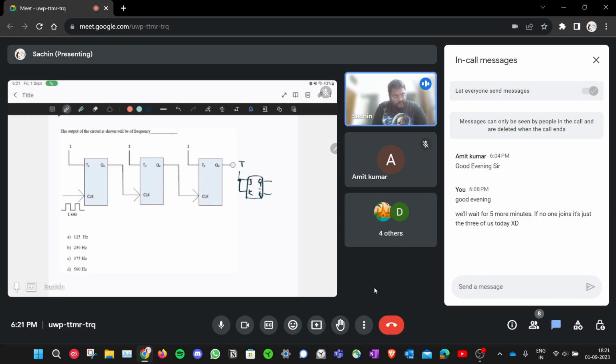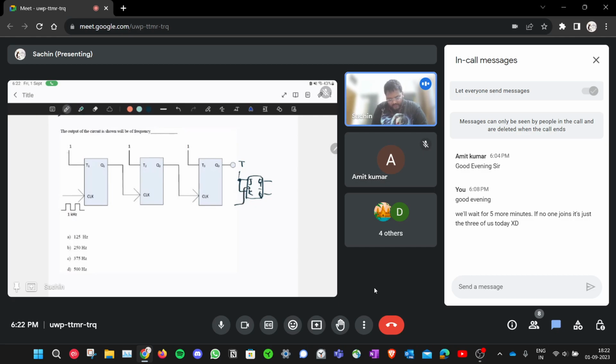The only 2 possibilities in a toggle flip-flop: if you give T is equal to 0, J and K will be 0, so the output will be the previous state. And if you give T is equal to 1, J and K both will be high, so your output will toggle whenever the clock pulse is given. There will be a clock here.